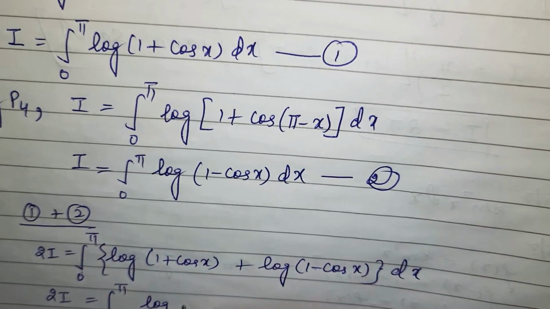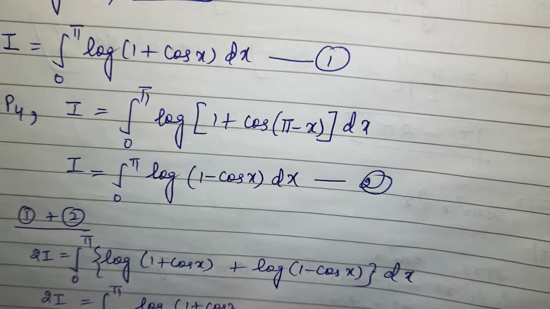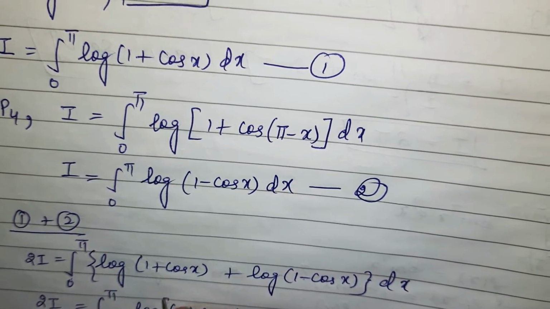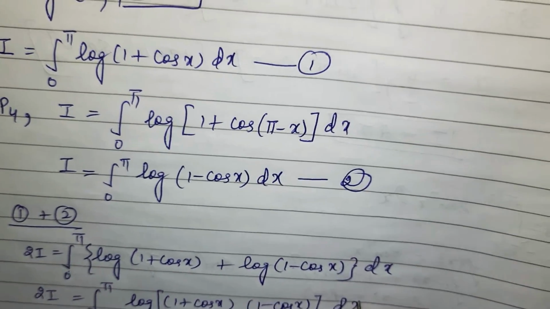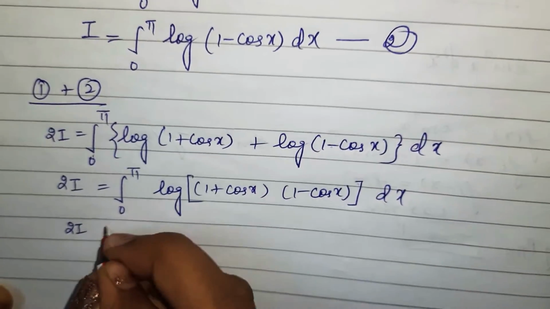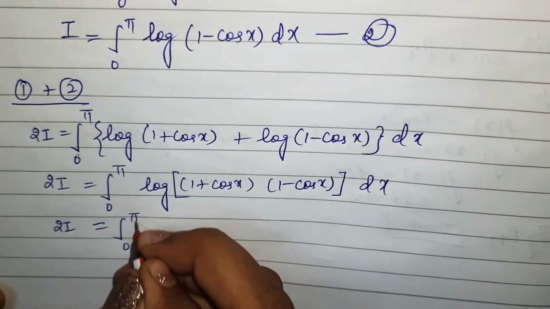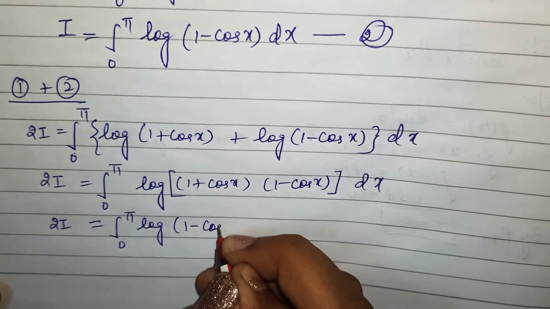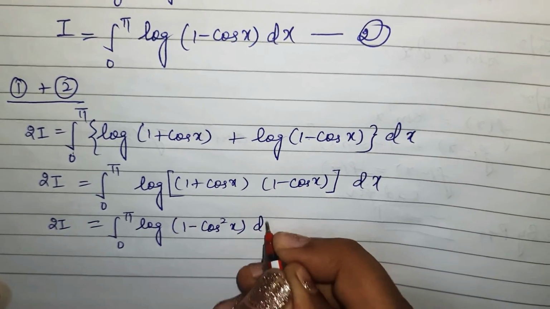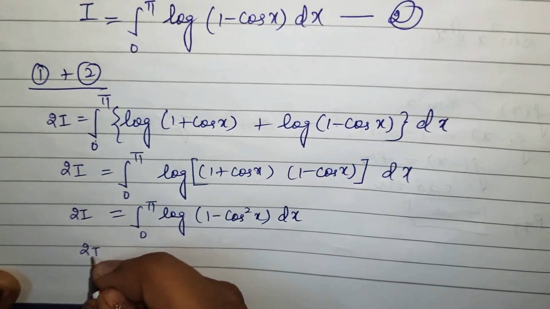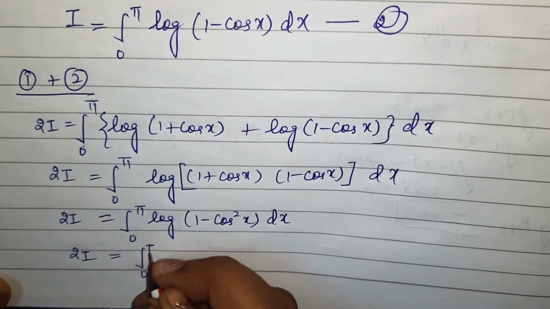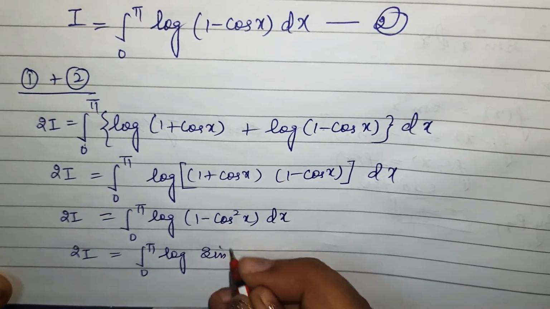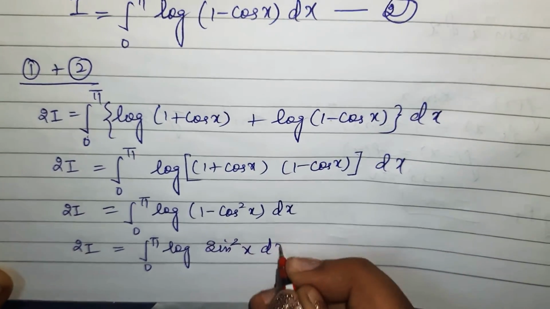So this into this, 1 plus cos x times 1 minus cos x, dx. So a plus b, a minus b will give you the integral from 0 to pi of log of 1 minus cos square x dx. So this is 2I, the integral from 0 to pi of log of sine square x dx.